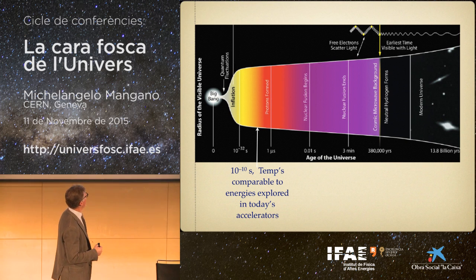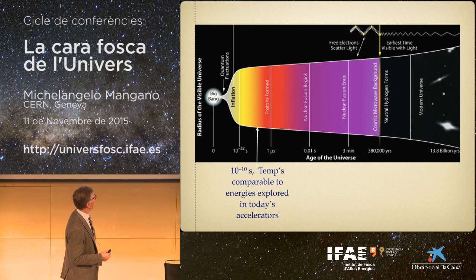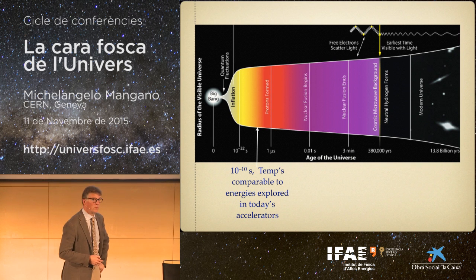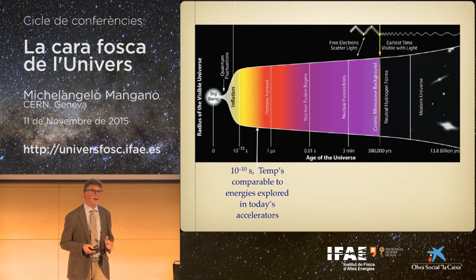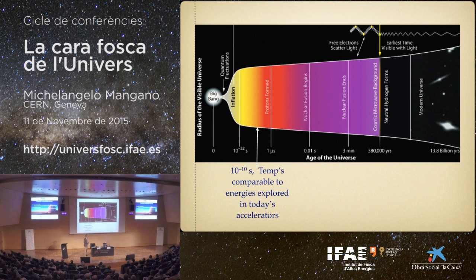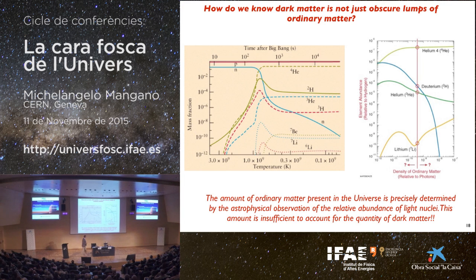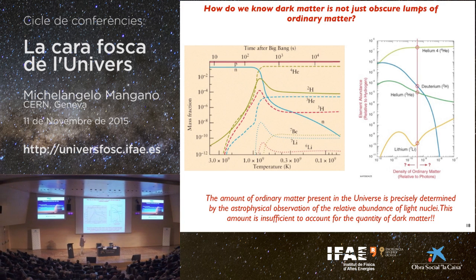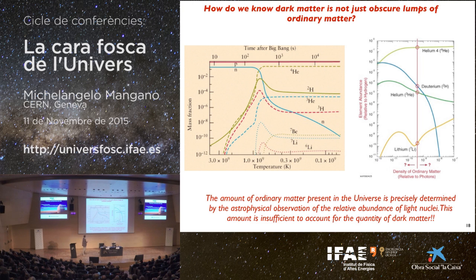In particular, that's good enough to take us across this period between a second and 3 minutes, in which all of the light elements that we see in the universe, the hydrogen, of course, helium, lithium, these elements were created. And we can calculate, so this is a picture, and we go back to the question of how do we know that dark matter is not an obscure lump of ordinary matter.